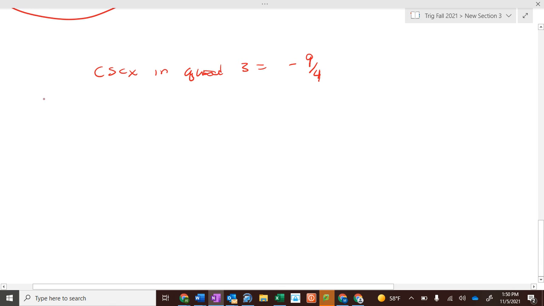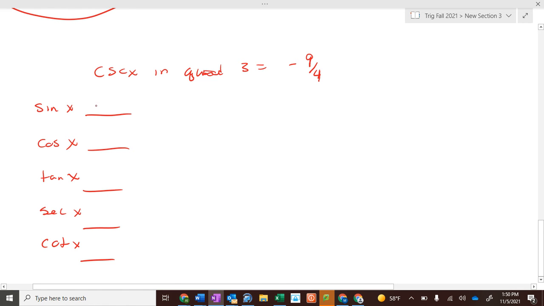Okay, what are all the other functions? Well, you got sine of x, cosine of x, tangent of x, secant of x, and cotangent of x. What's the easiest one to find on this list when you're given cosecant of x equals negative 9/4?